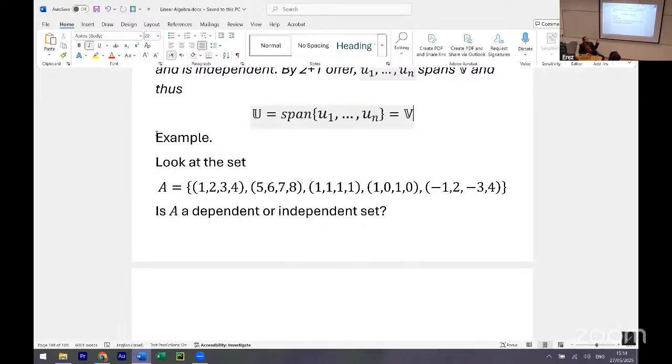But I'm saying the answer here should be quick and painless. Yes, Sammy. Well, first, can we take out 5, 6, 7, 8? Why? Because you can make 5, 6, 7, 8 from 1, 2, 3, 4 and 1, 1, 1, 1, by multiplying 1, 1, 1, 1 by 4 and then adding. Okay, you're right. But still, I'm not looking for a calculation. I'm looking for a swift answer.